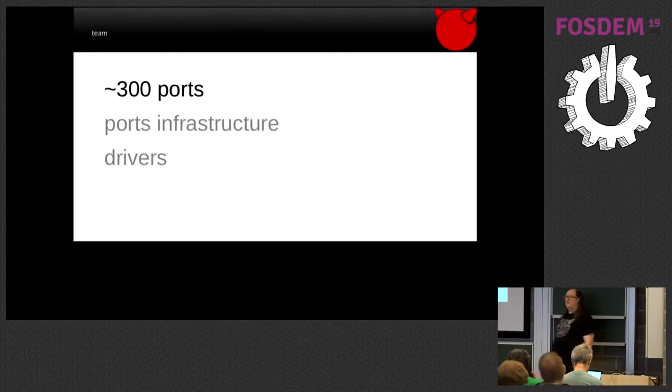If you break the wrong one, you're in a bit of a mess. There's also some ports infrastructure. This makes it possible to easily depend on FreeBSD X11 libraries using USE_XORG, if you're familiar with ports. This also covers USES=gl, things like that. And then we have the kernel drivers. That's also our domain, so to speak.